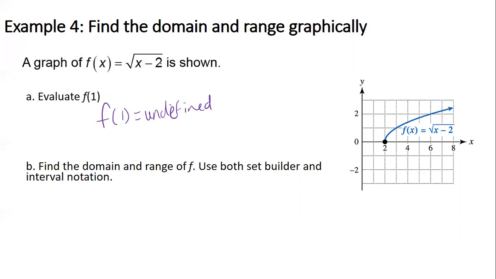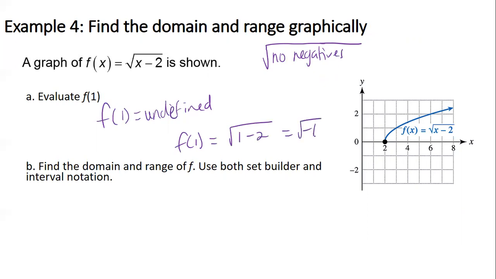Does anyone remember the rule for a square root? No negatives. Underneath the square root, you can't have any negatives. If I find f of 1 and I have 1 minus 2, what does that produce underneath my square root? A negative 1.